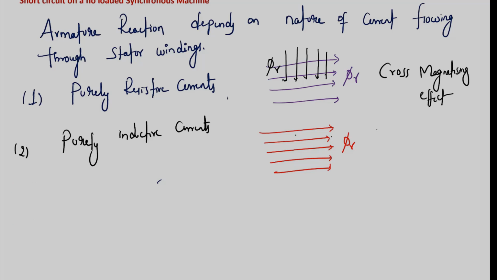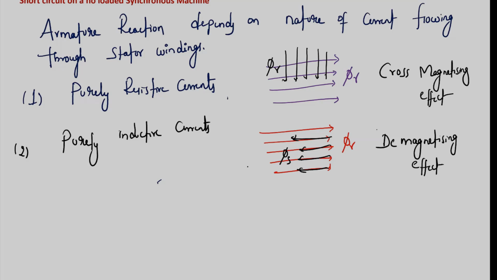So it will eventually reduce the flux. That is why it is called demagnetizing. It will cause a demagnetizing effect because it is reducing the overall flux. However, the magnitude of the stator flux is less when compared to the main field flux, so there will be a net resultant main field flux that is present.